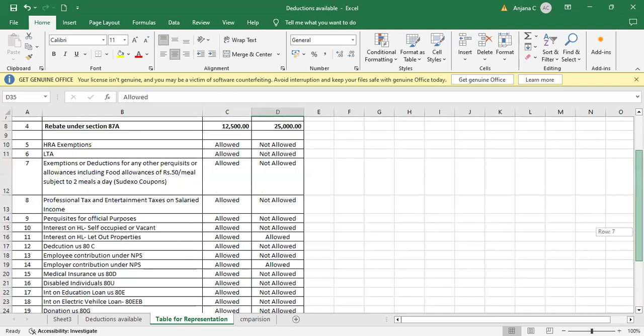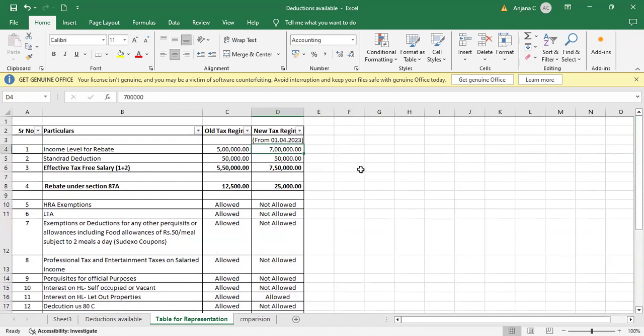These are the only allowable expenditures under the new regime.